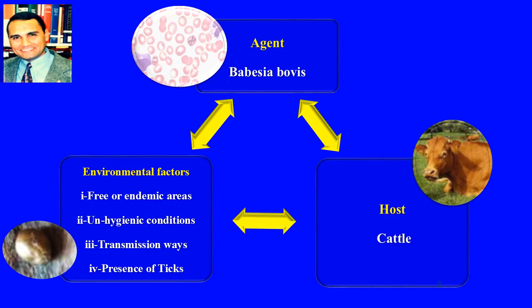In this example, the agent is Babesia bovis, which is shown inside the RBCs, and the host is the cattle, while the environmental factors that help this agent to enter and cause disease in this host are free or endemic areas.